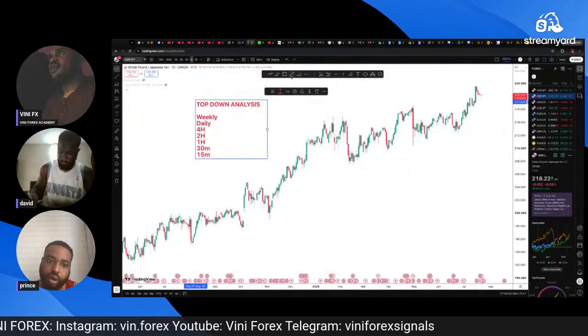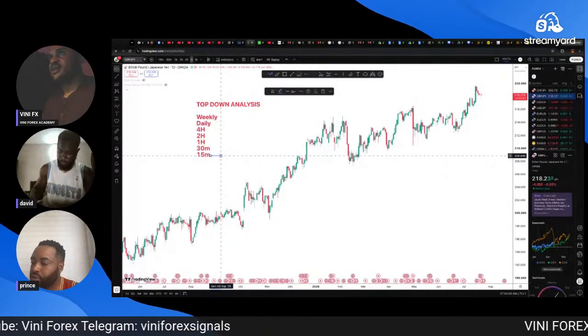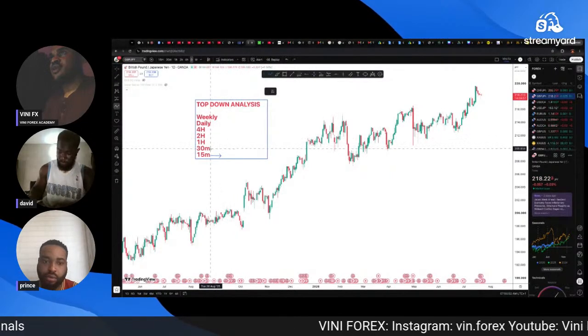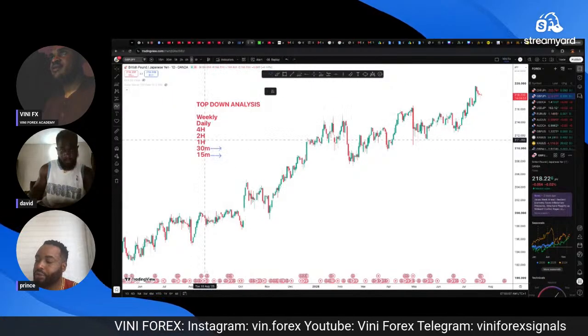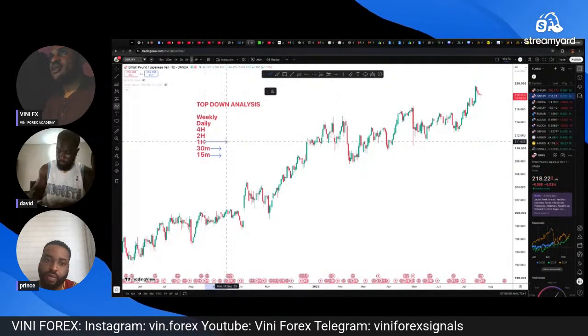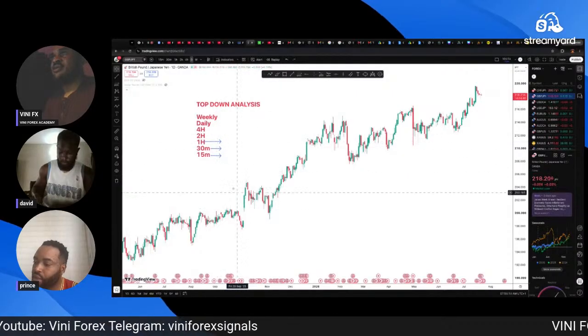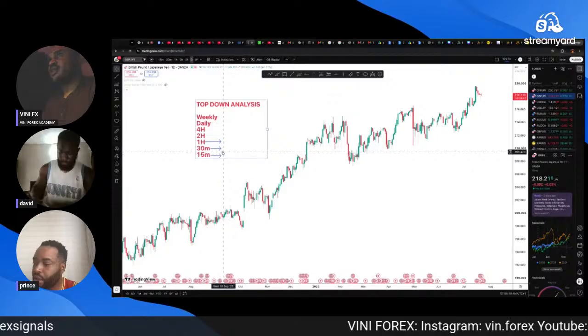At this level is where you take your trade. You can enter a trade at this level, or at this time frame. Out of these time frames, you can start looking for entry.